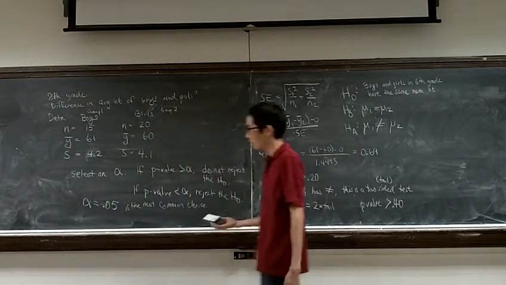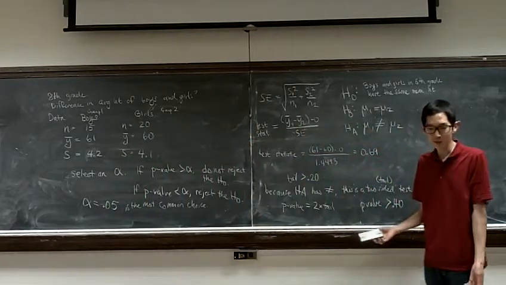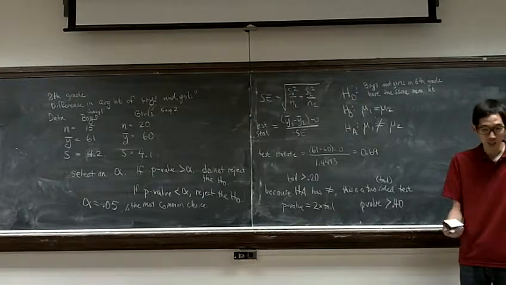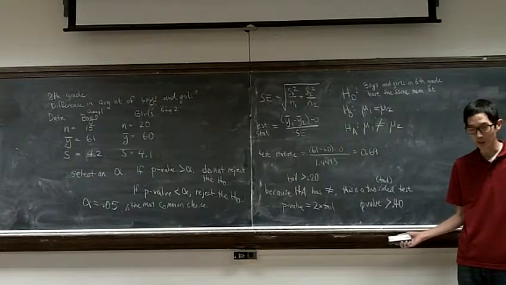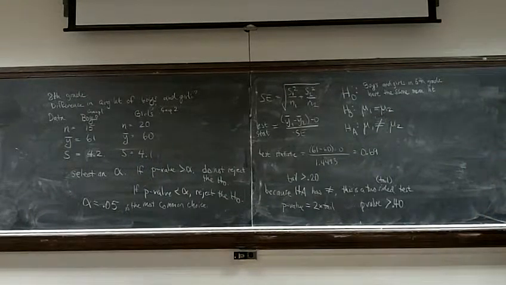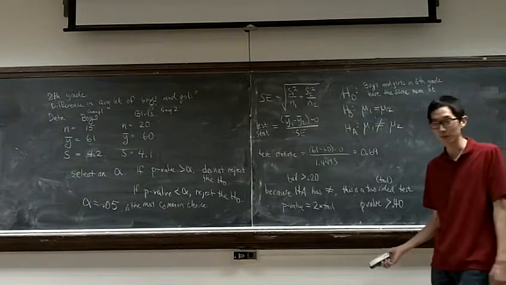How to choose your alpha is more of a nuanced matter of opinion, and it comes into play. I don't know if I have time to talk about it today when we discuss our errors.